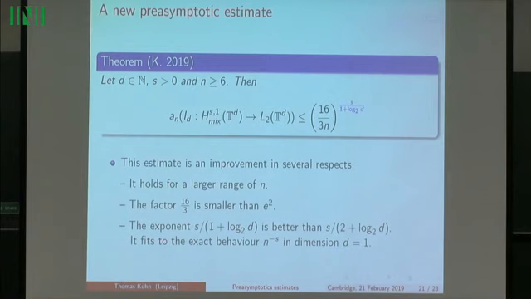But what is most important, the exponent is now s divided by 1 plus log d. This is better than s divided by 2 plus log d. And from an intuitive point, this fits very well to the one-dimensional situation. Well, not really. In dimension 1, we get s over 2. And in dimension 1, the correct rate is s. So it's very close to the.